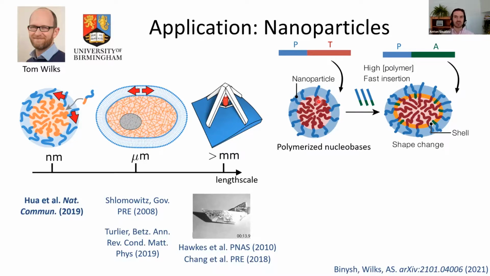The special thing about the system is that the polymers are made out of nucleobases, components of DNA repolymerized with a different backbone. And what they do is put these nanoparticles in a solution of complementary nucleobases that are much shorter, so they only penetrate the surface of the nanoparticles, and because they want to insert themselves, they expand. They expand the surface in particular.